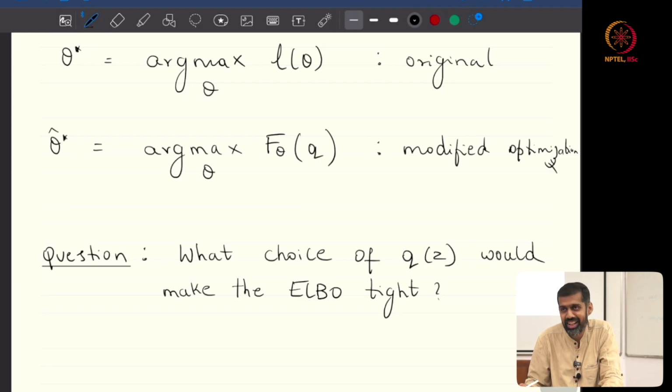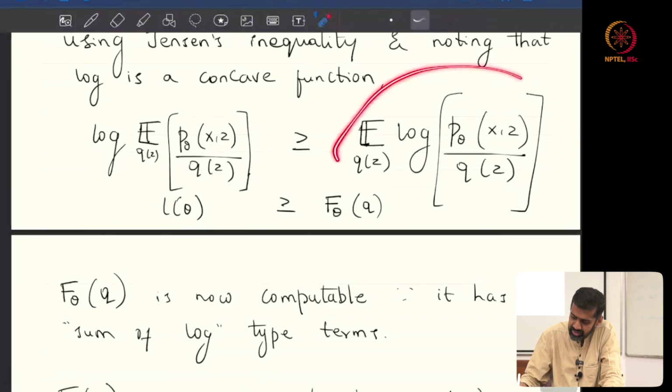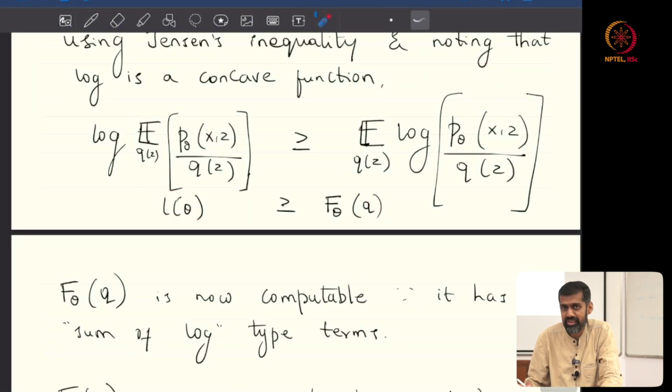The lower bound that we have becomes equal to the likelihood function, right? What value of QZ would do that? Any guesses? What should be the density function that this Q should assume for this particular expectation to be equal to this particular log of that expectation?